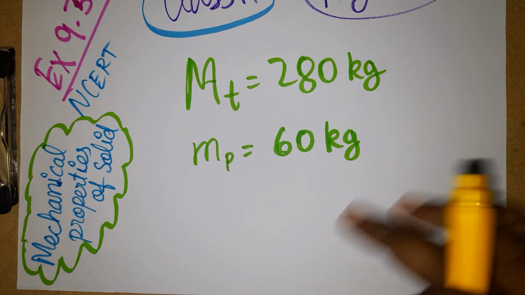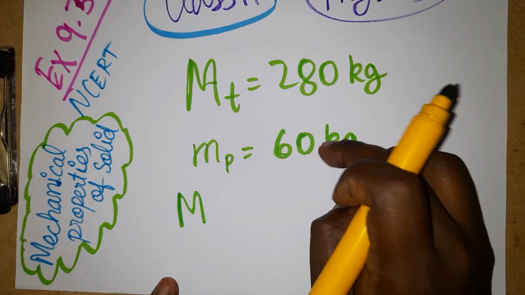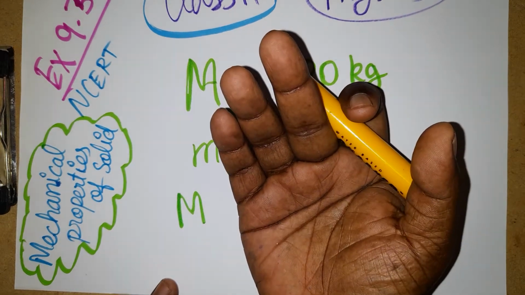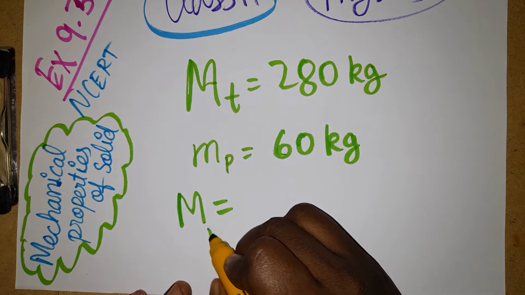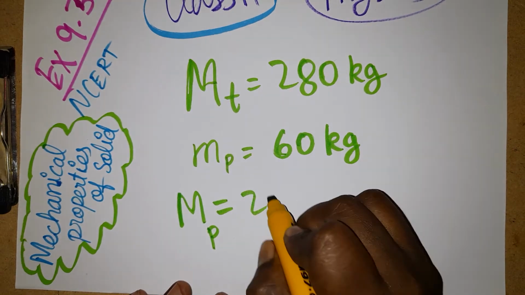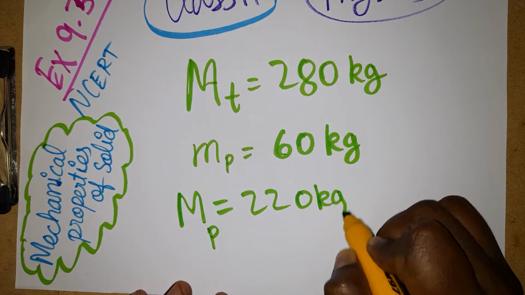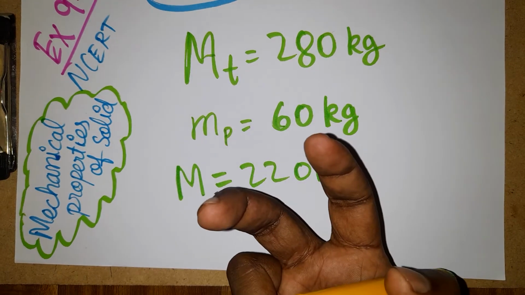So the total resultant mass is this minus this, because the performer is standing at the bottom and holding the whole mass. The total mass on this person is going to be 220 kg. He actually uses two legs to hold everything.